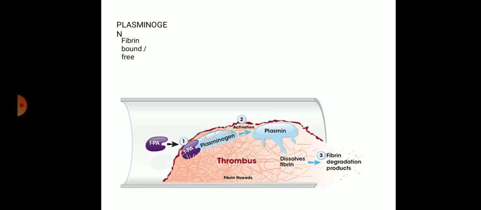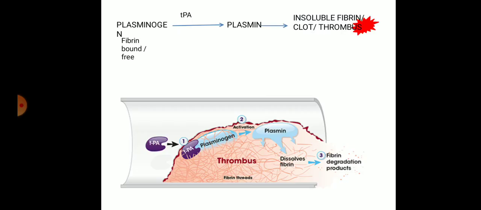The mechanism of drug action is also similar. The plasminogen, which may be either fibrin bound or free, can be converted to plasmin, the active form, by the tissue plasminogen activator, and the plasmin will convert insoluble fibrin, the clot or thrombus within the blood vessel, to soluble fibrin and lyse the thrombus and recanalize the occluded blood vessel.